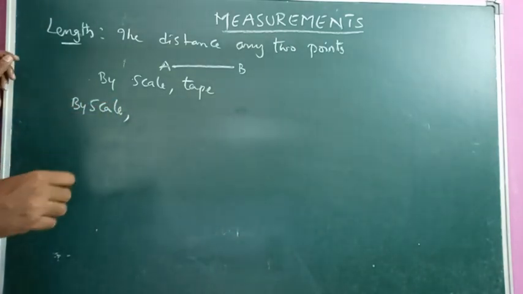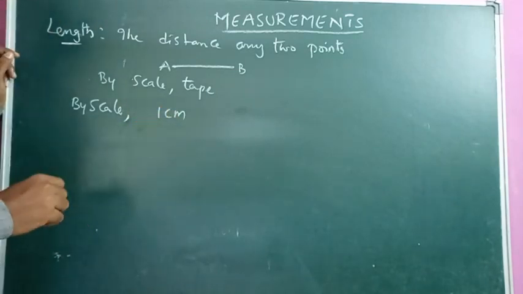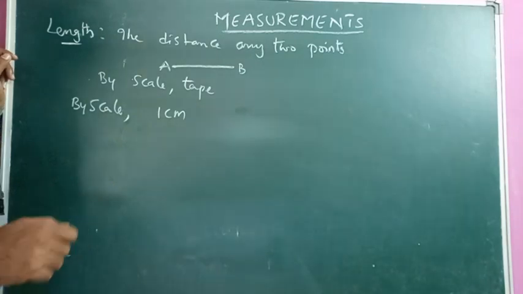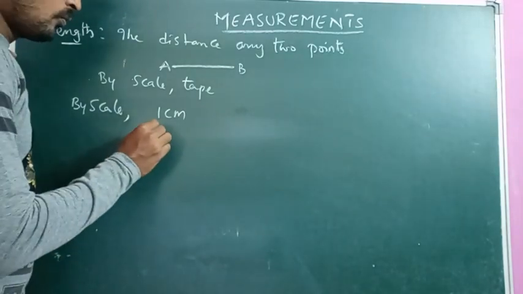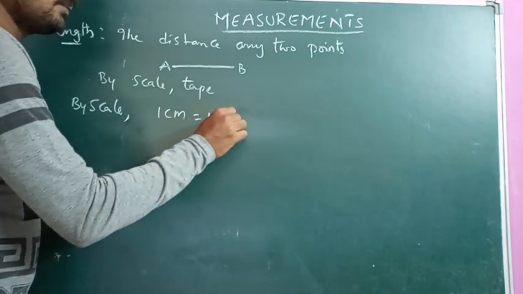By using a scale, we can measure the length up to 1 centimeter if it is in centimeters. 1 centimeter is equal to how many millimeters? 10 millimeters.